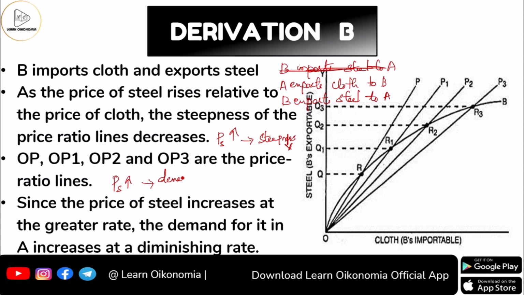This may lead to demand for steel by nation A. It will increase, and this will increase only at a diminishing rate. We are considering a situation of increasing price. So whenever price increases, that will be influencing your demand in a negative manner, and that is why it is having a diminishing rate here.